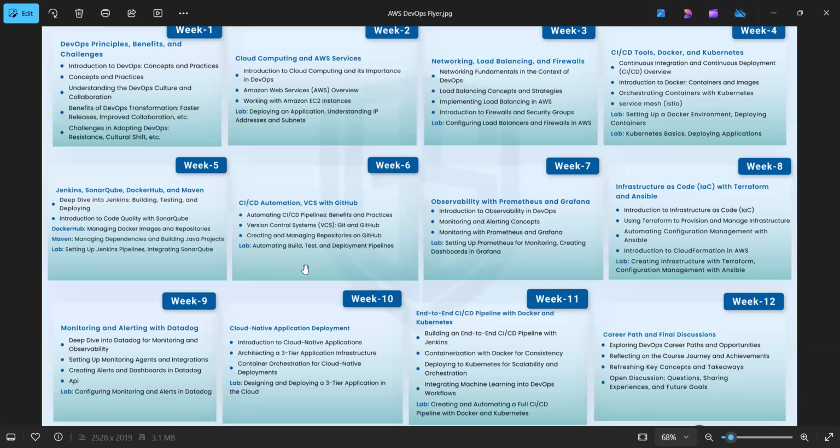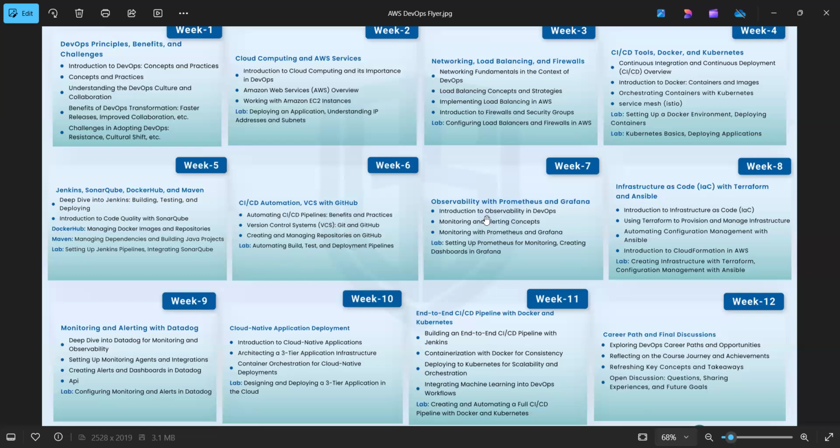So here I think we completed one lab for a freestyle Jenkins job. Here managing a repository, create and manage a repository on GitHub. VCS there, automating CI/CD benefits and practice, and automating build test pipeline, deployment pipeline.